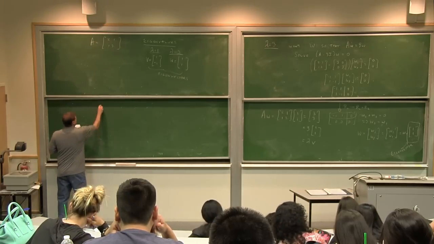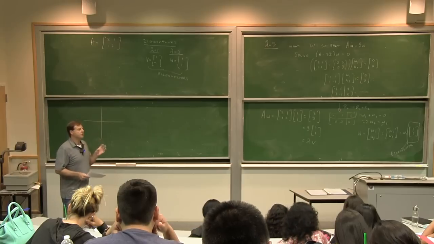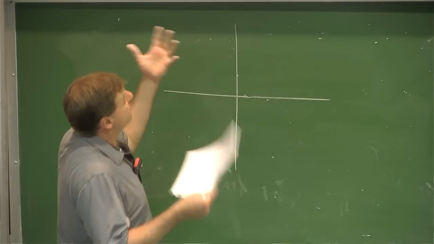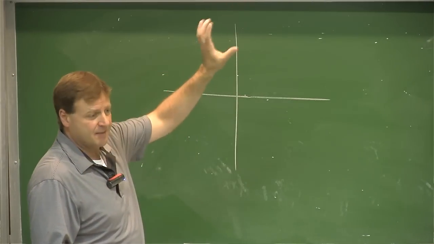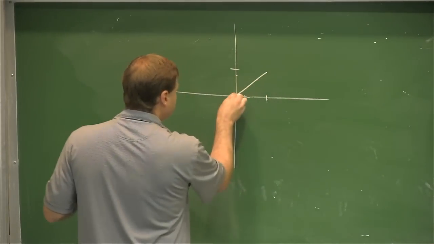So here's the picture. This is the real way to look at what this matrix is doing to R2. The way it's viewing it is it says I've got these special vectors that I'm operating on. So here's the first one, [1, 1].